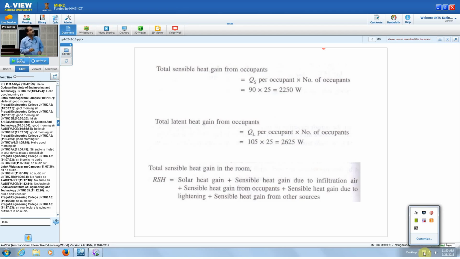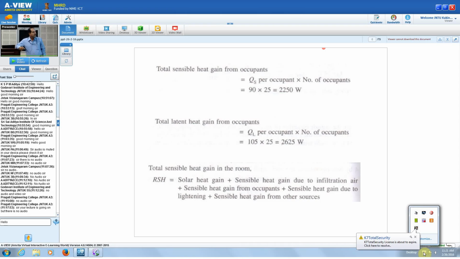And for the latent heat, one more value is given in the problem, 105. So 90 times 25 is 2250 watts. And like that, the total heat gain from the occupants, this is the sensible heat, and this is the latent heat. Then the latent heat, 105 times 25, is 2625 watts.